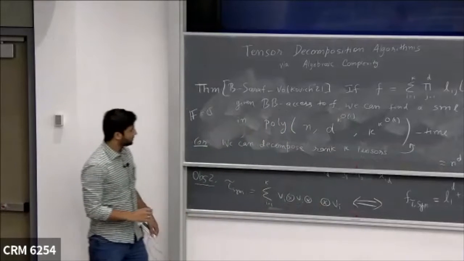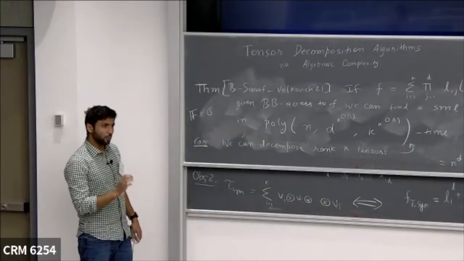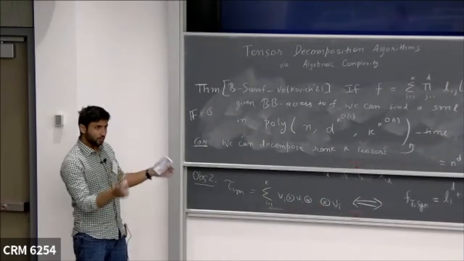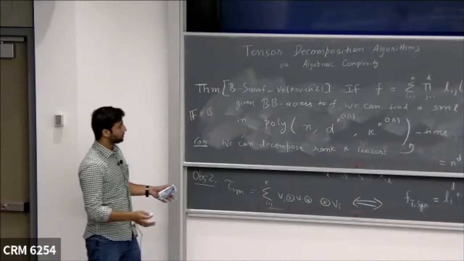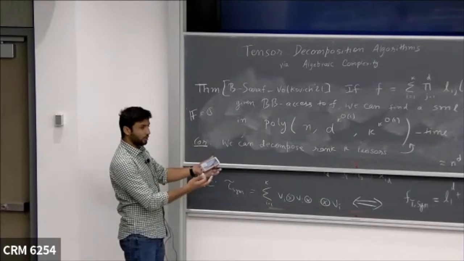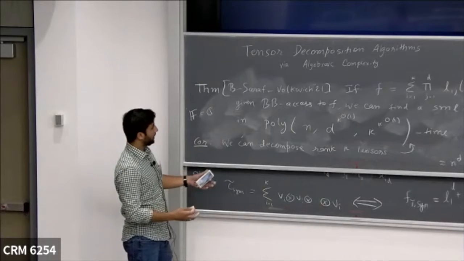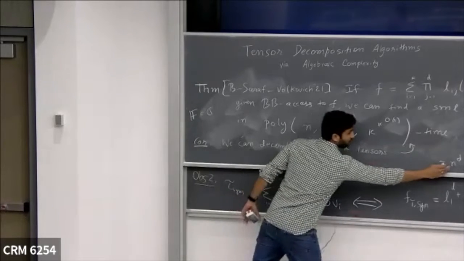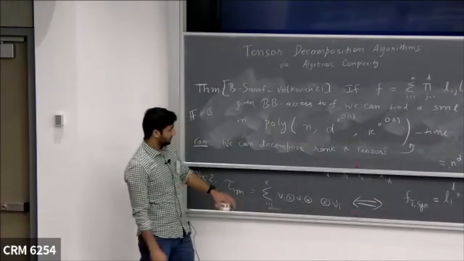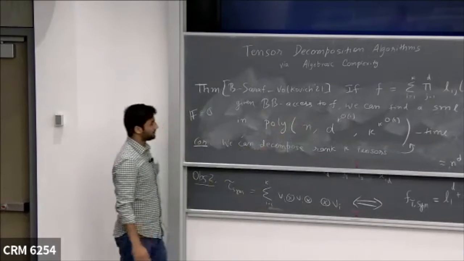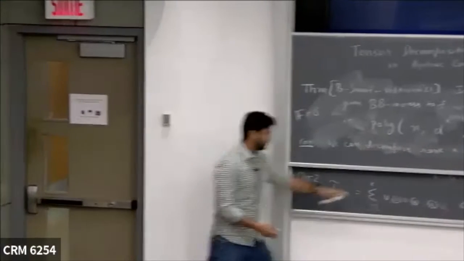And this is because we are just looking at evaluations of the polynomial f tau. We're not even looking at the whole tensor. So we'll just look at the evaluations of tensors, and so we don't have to look at this many evaluations. Just something around this many evaluations suffices, and the reason is because the rank is so low.